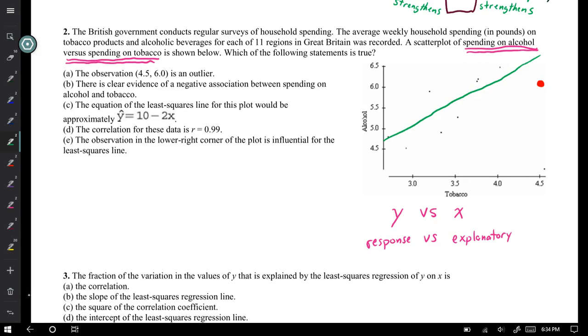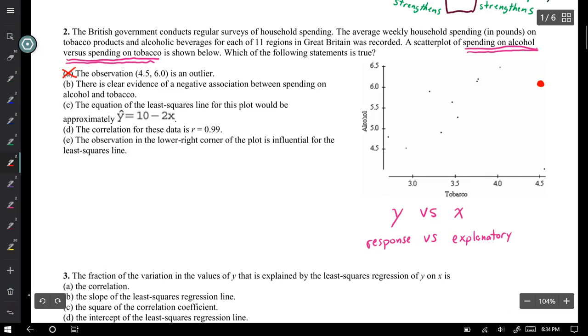It doesn't look like too much of an outlier compared to the others. That's an estimated line of best fit, and it doesn't look bad. At this point, it would look more like an outlier, something way off from the others. So that's not 4.56. I think 4.56 is in the same general path as the others. So I don't think the answer is going to be A.